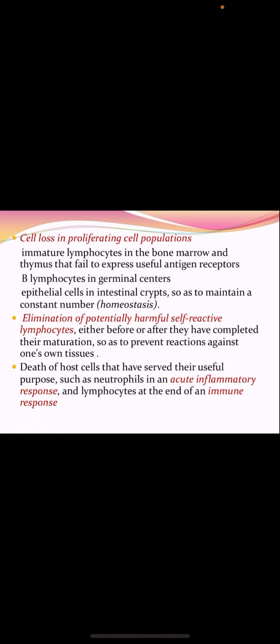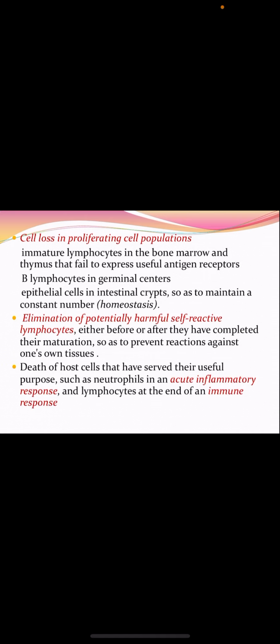Third, cell loss in proliferating cell populations: immature lymphocytes in the bone marrow and thymus that fail to express useful antigen receptors, B lymphocytes in a germinal center, epithelial cells in an intestinal crypt so as to maintain a constant number or homeostasis.